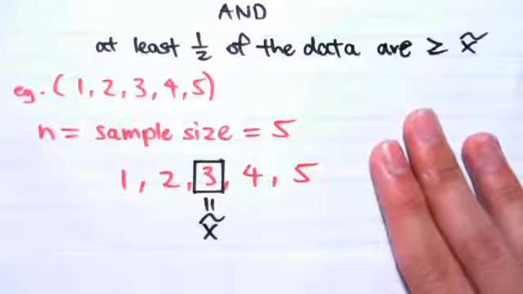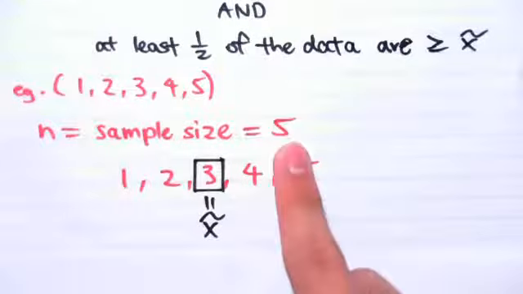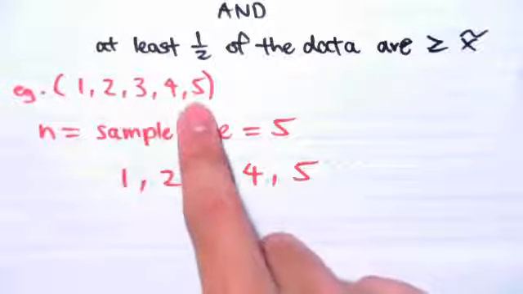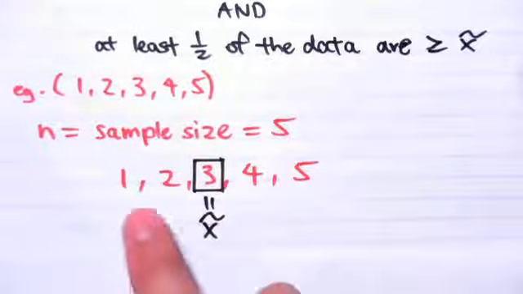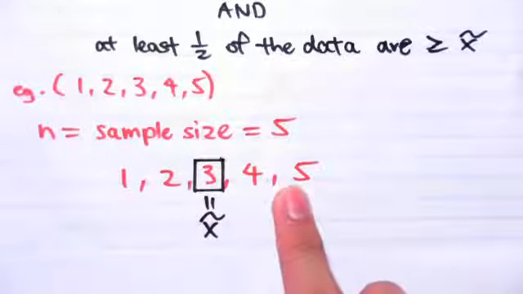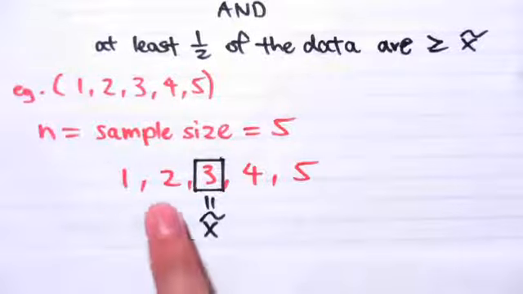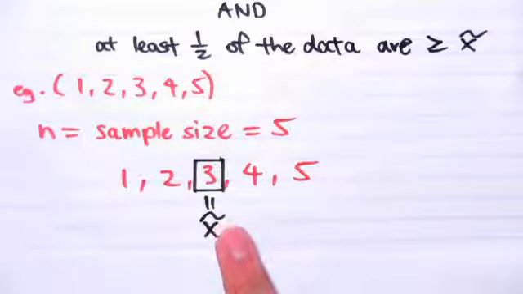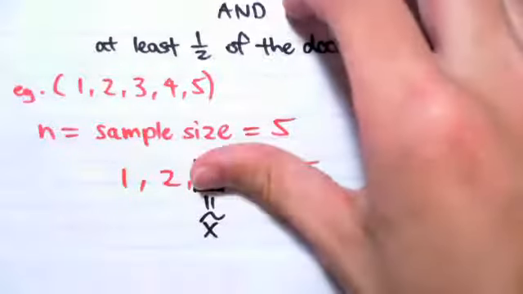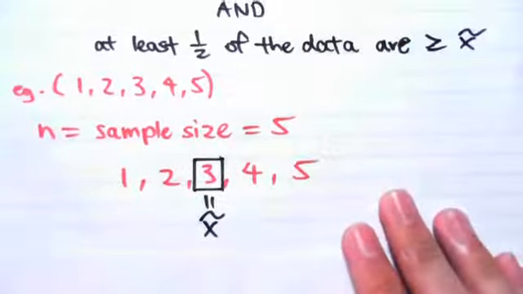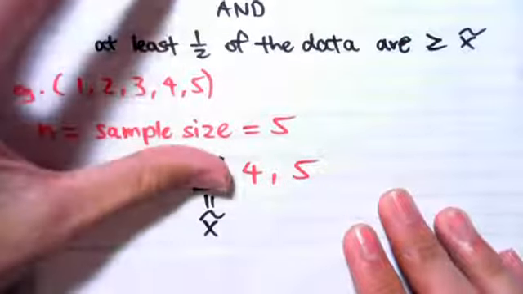A different sample set. Our sample size here is 5 because we're given only 5 numbers. If you write them all out, the median is basically the middle number in our sample set. So the middle number here is 3, x squiggle. The way that I think of median is that the amount of numbers on the left-hand side of the median should be equal to the amount of numbers on the right-hand side of the median.